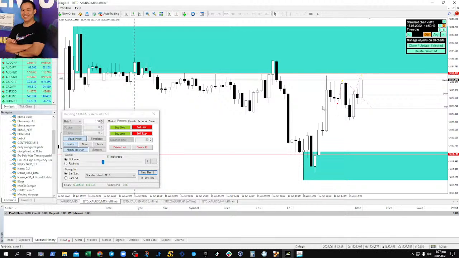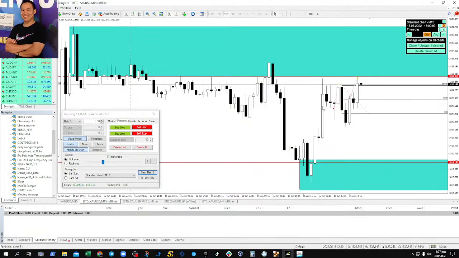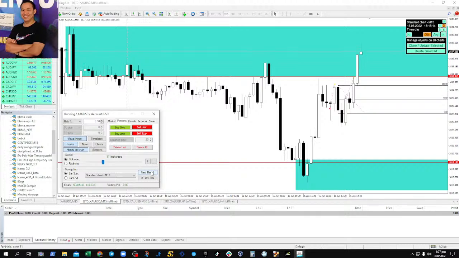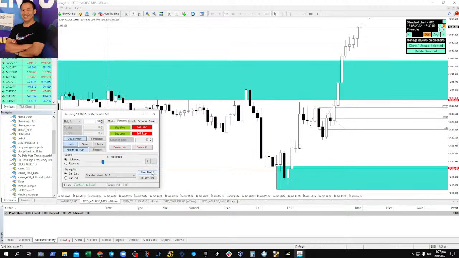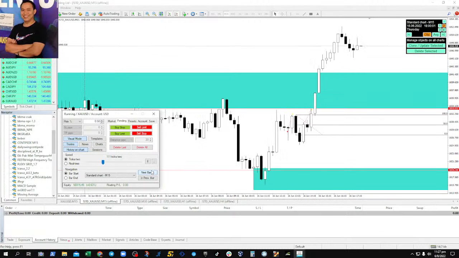Oh man, this movement is very tough. It just took our stop, just like that, and it goes bullish. My gosh. Okay, so that's it. Two trades, we are gone.